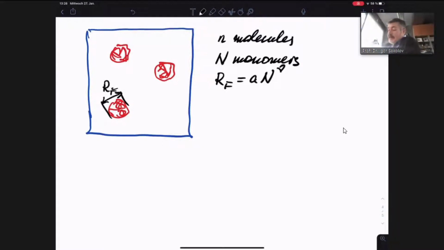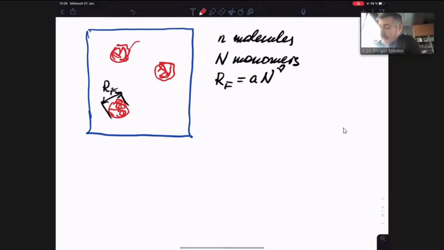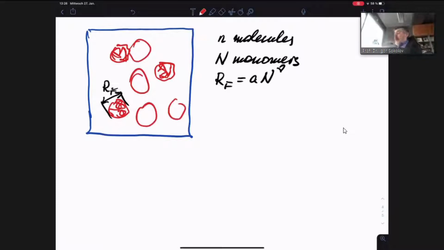Now, if I draw more and more molecules, then at the beginning they hardly interact. They are typically far from each other, and if two of them are by chance close to each other, they collide practically like solid balls and fly away.